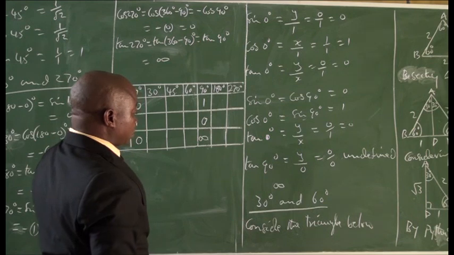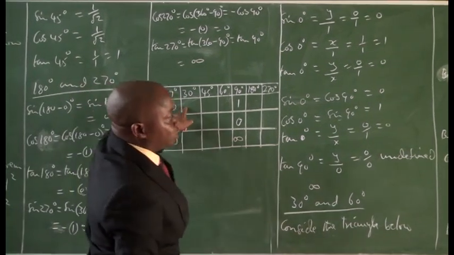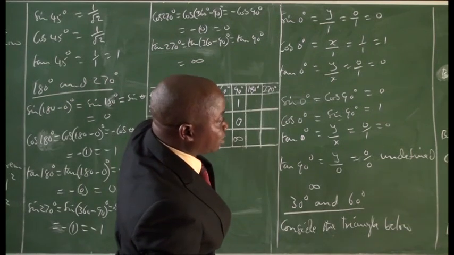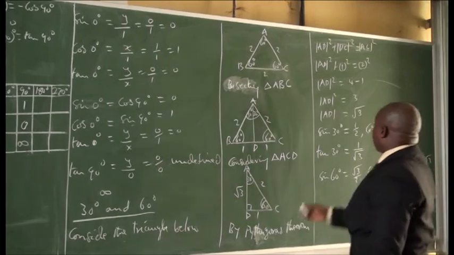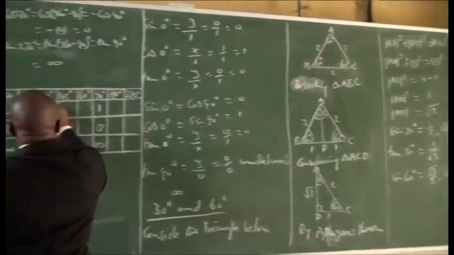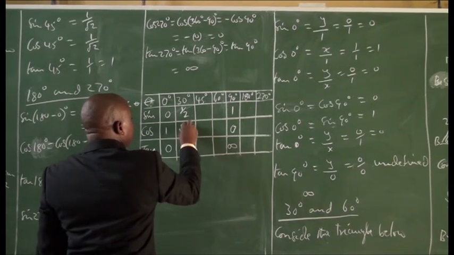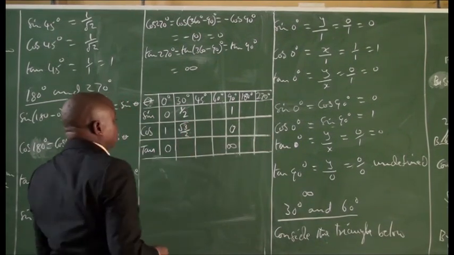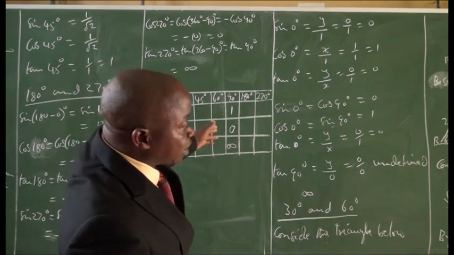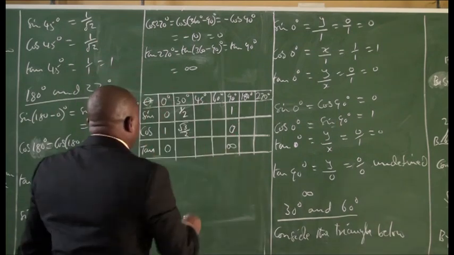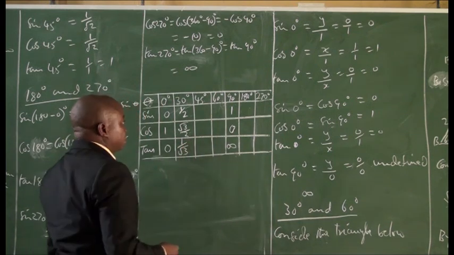So 30 degrees: sine 30 degrees is 1 over 2. Cos 30 degrees is root 3 over 2. Then tan 30 degrees is 1 over root 3.